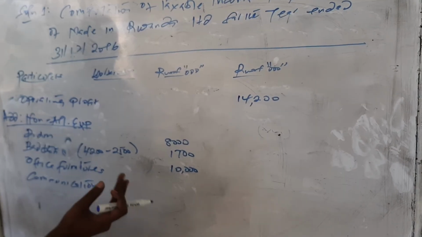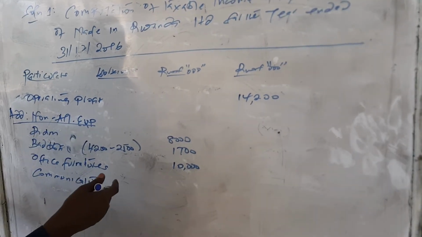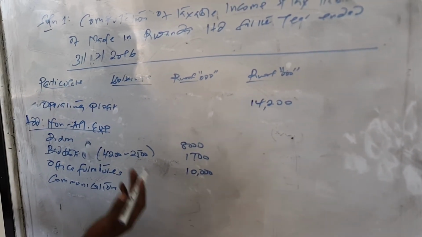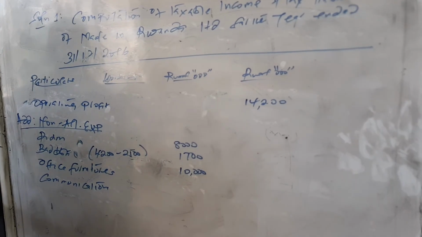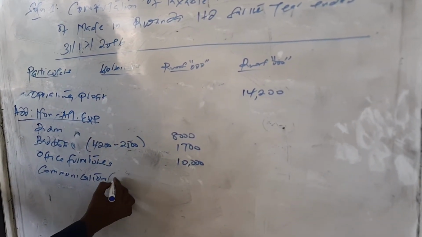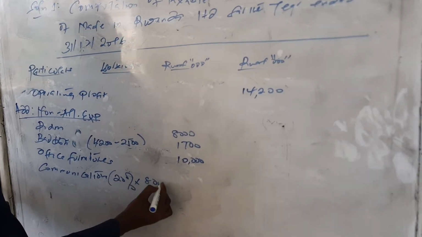So therefore, we regard 20% as private and 80% as business. Therefore, we need to calculate 20% of 8 million.